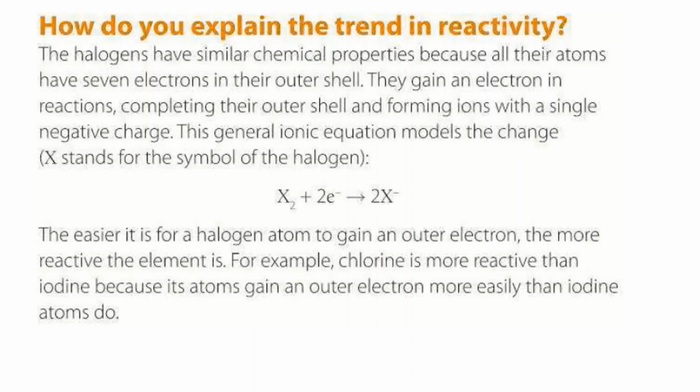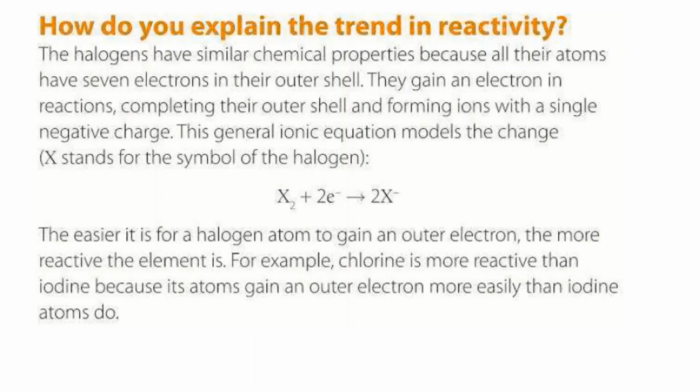Now, in group 7, the fluorine is more reactive because it only needs 1 electron in the outer shell. However, if you go further down the group, the protons are more attracted to the electrons, and so it is a lot harder to gain that extra electron.